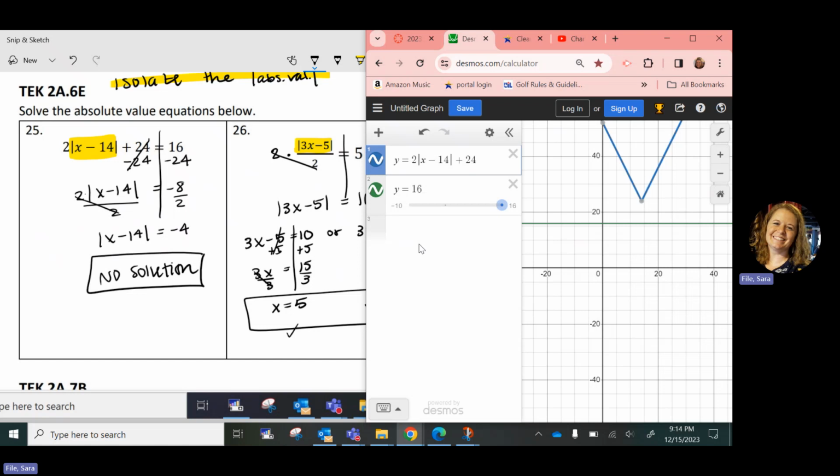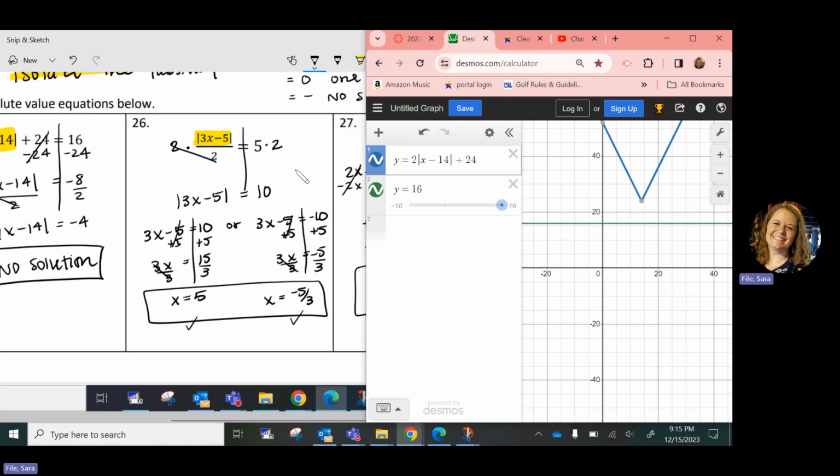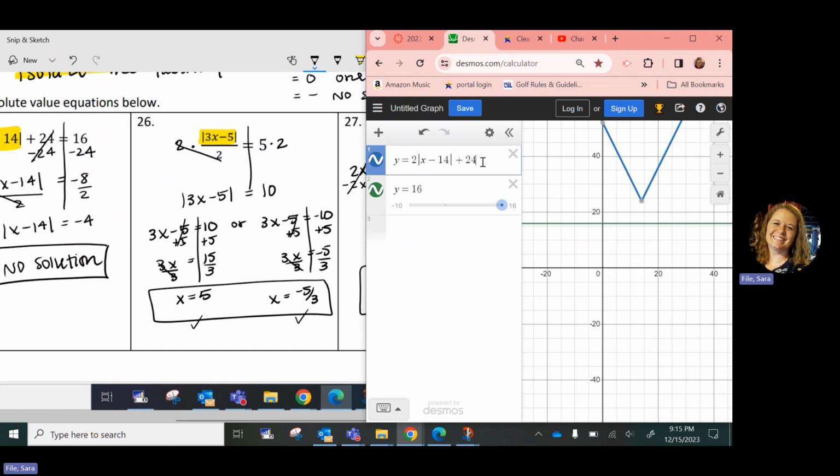Okay, so if you do that, now you can visually see that these two do not intersect. There's not a solution, because the solution would be where they intersect. So no solution.